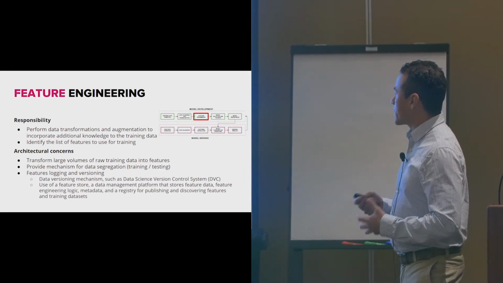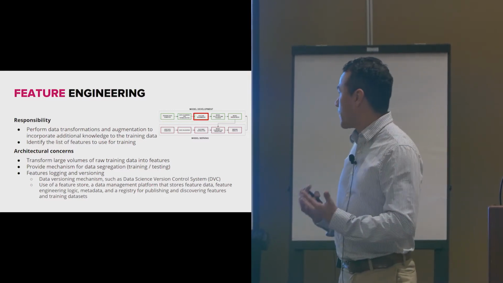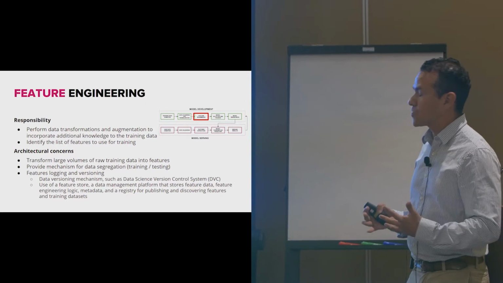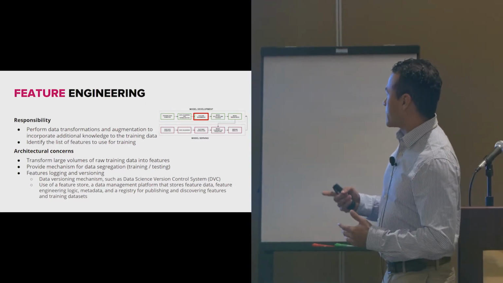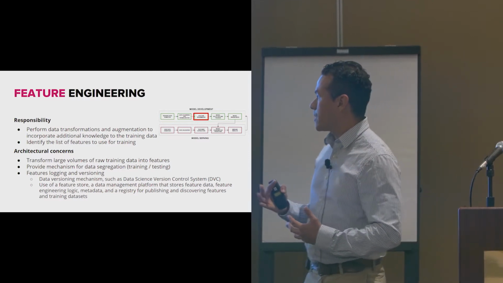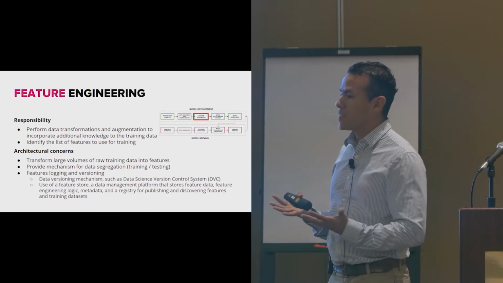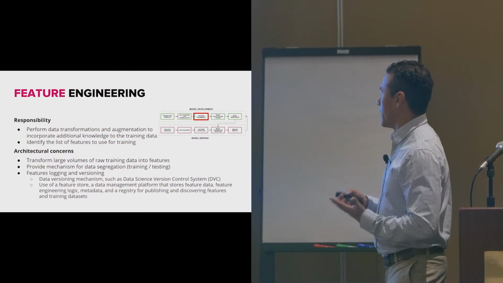One aspect that is also very important here is the ability to store some of this information so that later on the processes can be replicated. Because as we saw, the models are continuously being developed, but at some point it may be necessary to be able to replicate the model training activities.